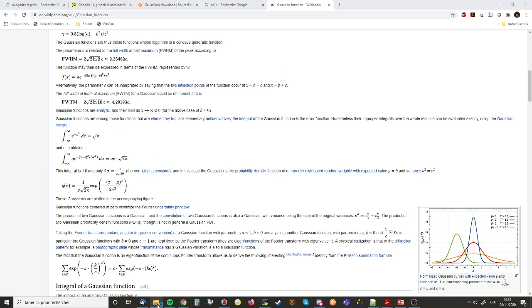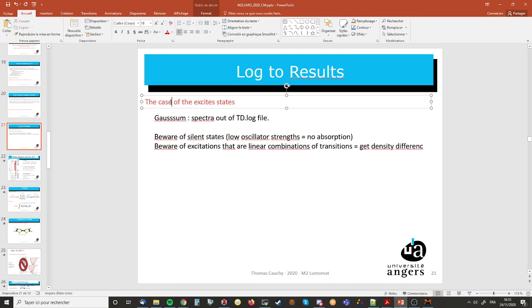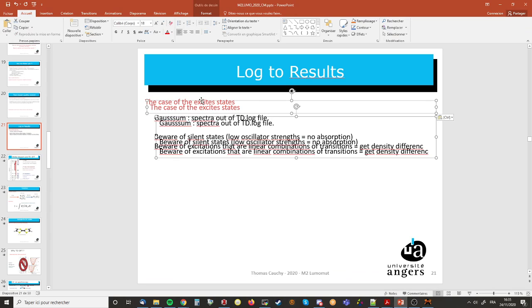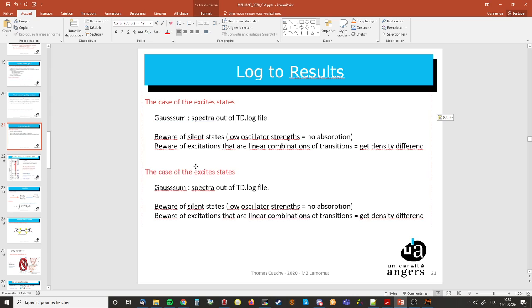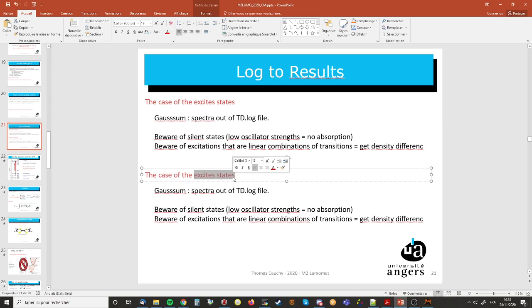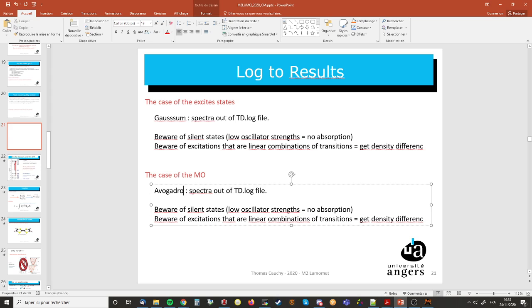To get the orbitals, you need to open the FCHK, with MO, Avogadro, GaussView, GaussEdit, and so on.